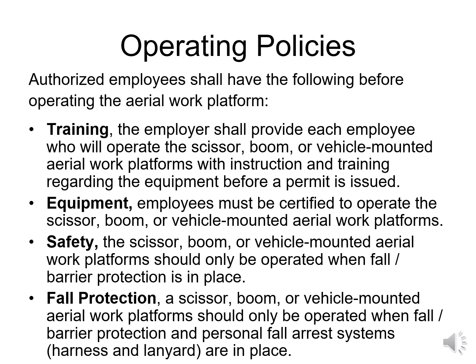Safety. The scissor, boom, or vehicle aerial work platforms should be only operated when fall/barrier protection is in place. Fall protection. A scissor, boom, or vehicle-mounted aerial work platforms should only be operated when fall/barrier protection and personal fall arrest systems, harness, and lanyard are in place.